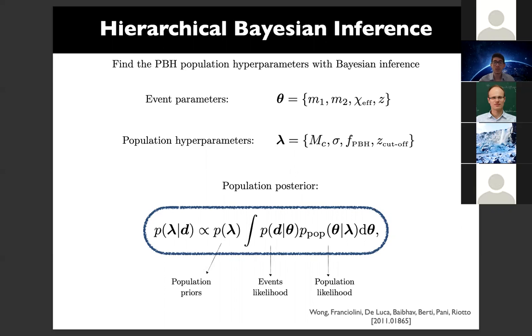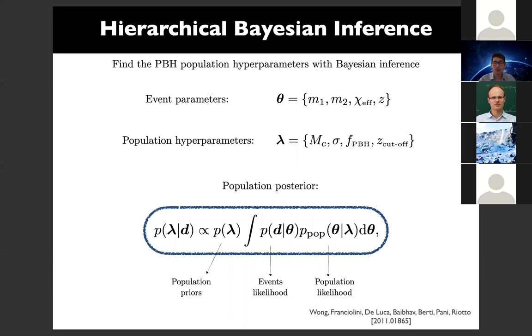With this inference, we computed the posterior population for these hyperparameters, which is obtained by integrating over the event parameters, which are the binary masses, chi effective, and the redshift of merger, the product between the event likelihood and the population likelihood, which is a sort of prior which captures, given a set of hyperparameters, the event parameters. The result is multiplied by a population prior, which is assumed to be uniform.